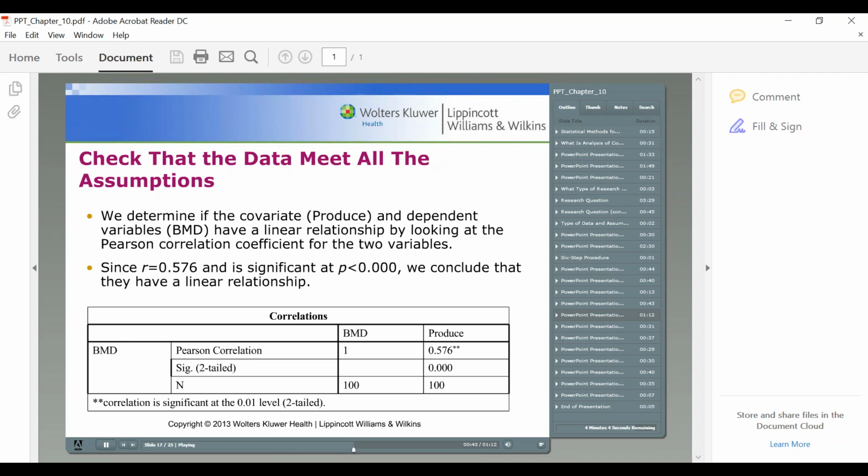The correlation is 0.5, which is pretty strong because correlations go from 0 to 1. It's almost a 0.6, and it's significant, basically saying that those results didn't happen by chance. In other words, it is a linear relationship. So as one variable increases, as produce intake increases, so does BMD. And it looks pretty strong, and our results say this did not happen by chance.